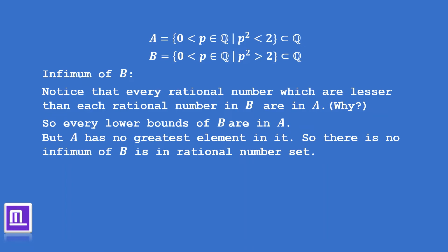So what if set A had a supremum in Q, and set B had an infimum in Q? Then we would have a rational number whose square is equal to 2. Then there would be no gaps. So this is not possible.